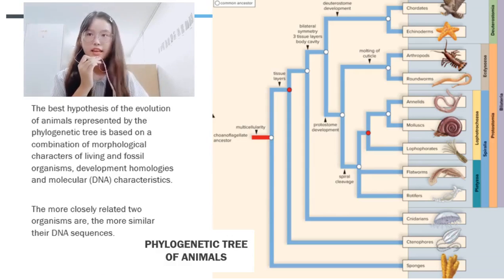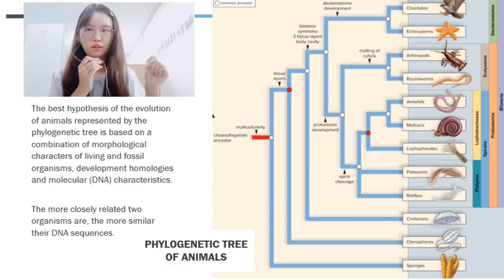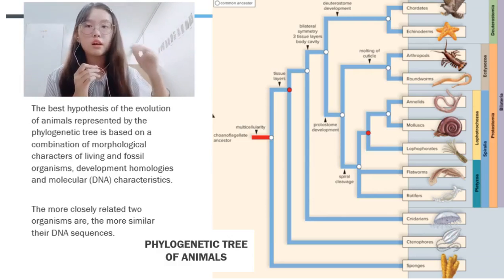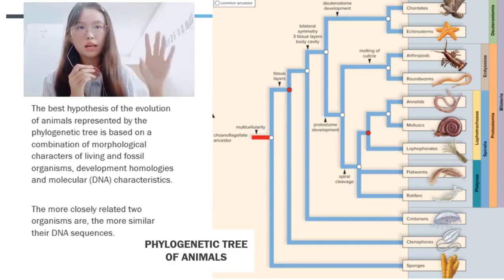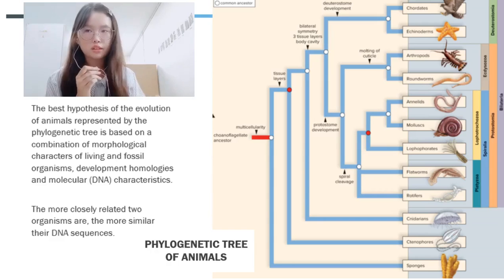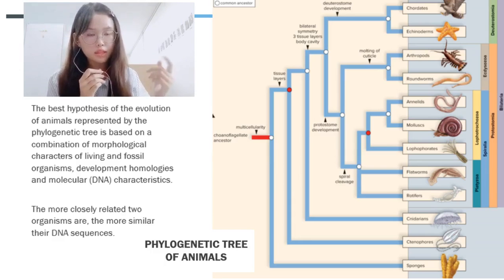Moving on to the next slide, this is the phylogenetic tree of animals. This phylogenetic tree represents the evolution of animals, and these are all categorized as animals. It is based on a combination of morphological characters of living and fossil organisms, development of homologies, and molecular characteristics. The molecular data is actually the rRNA sequencing in a certain organism.